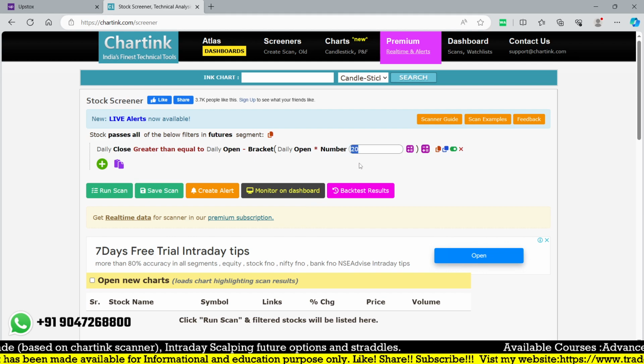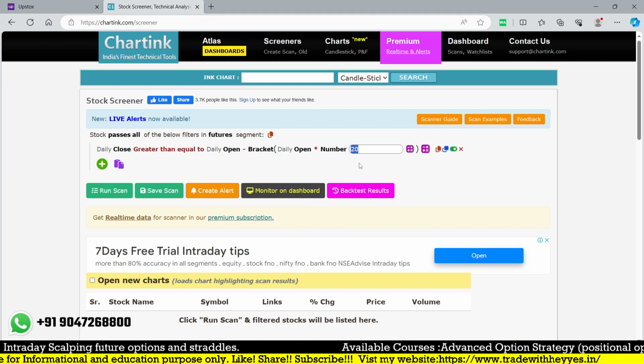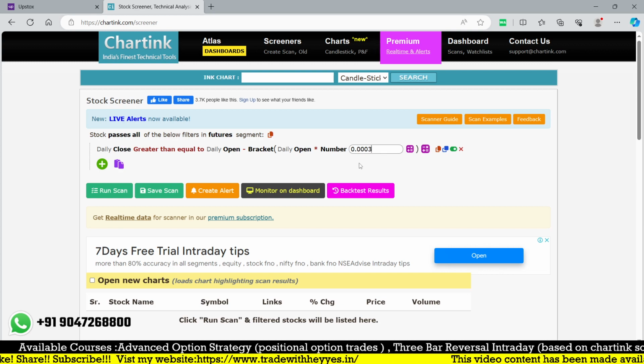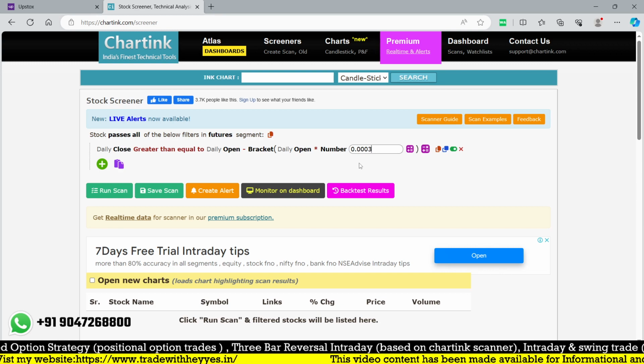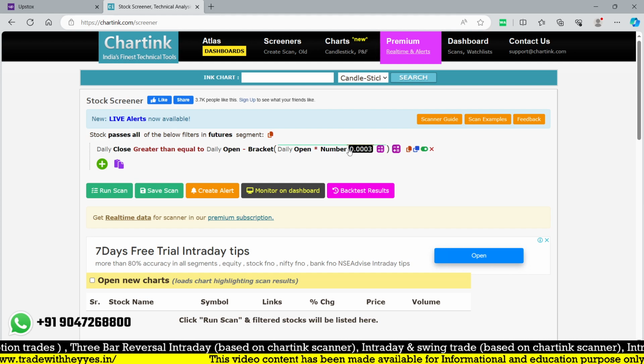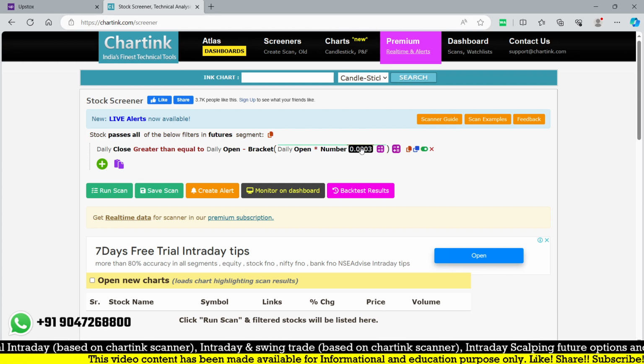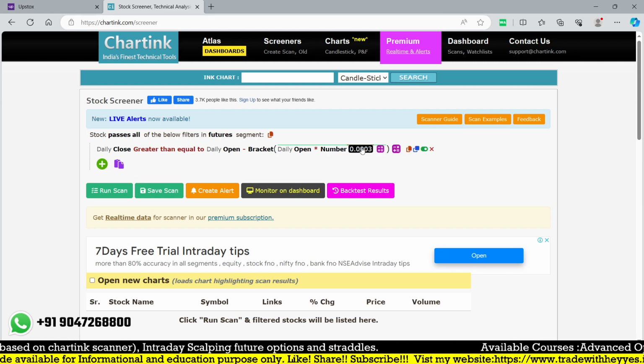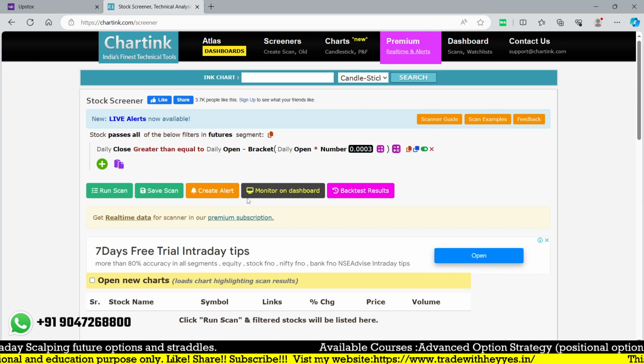This is adjustable. Normally use a very low value to get a very tight range doji candle. If you modify this, you will get many stocks, and if you reduce this, you will get very few stocks. I will show that after creating the scanner.